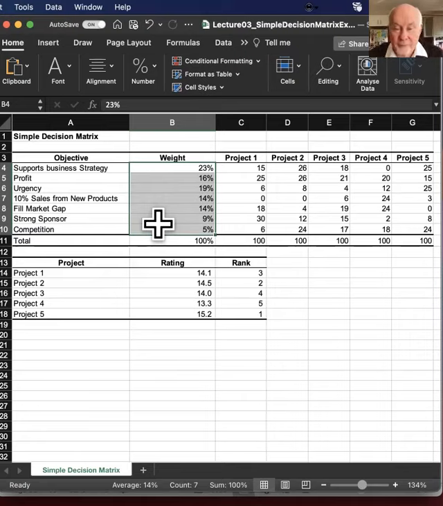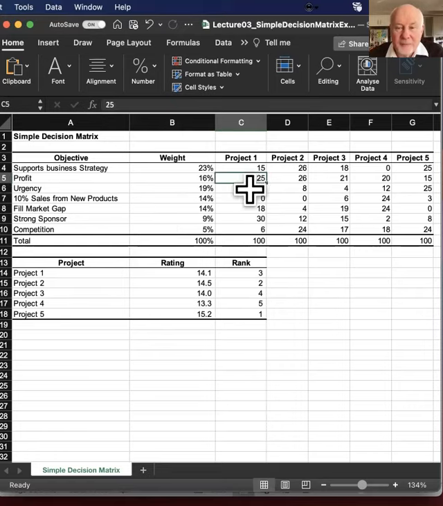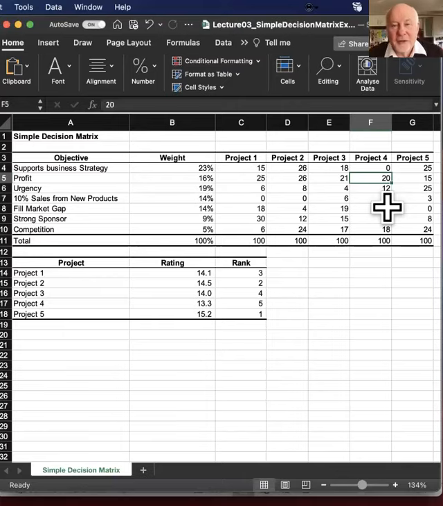There are ways of doing it that are much better that we'll learn about. And the same is true of these ratings. The ratings can be fairly, how can I put it, arbitrary and inconsistent, and that's going to adversely affect the decision process. Different people will have different approaches to rating, and that can have an effect as well.